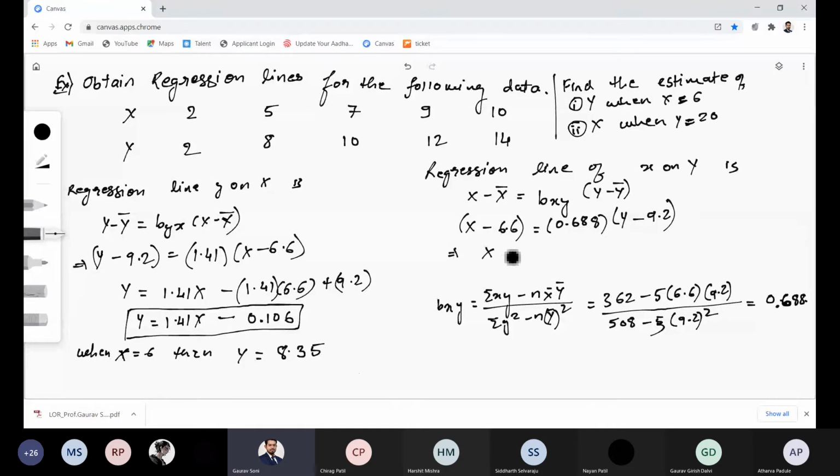So this is x is equal to 0.688 into y minus 9.2 into 0.688 plus 6.6.